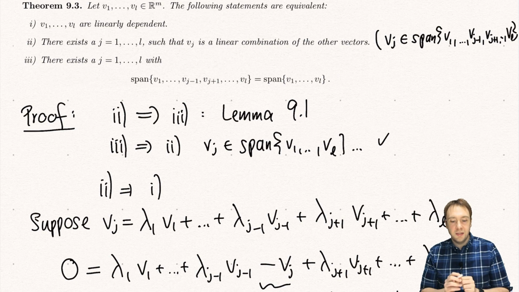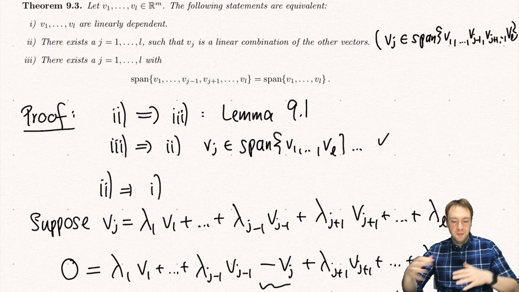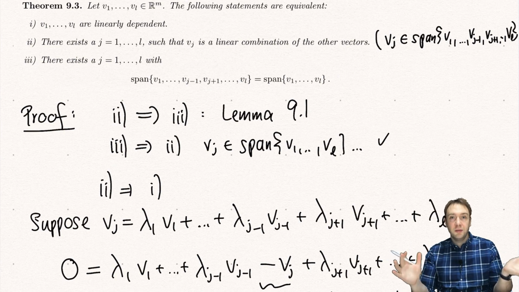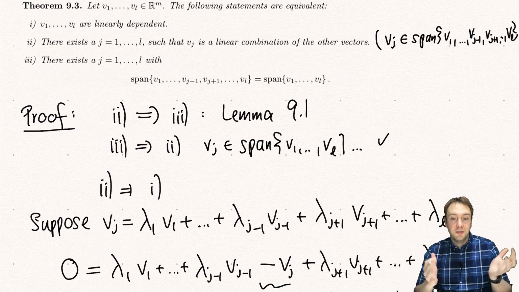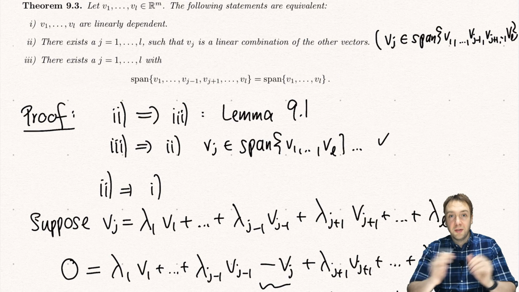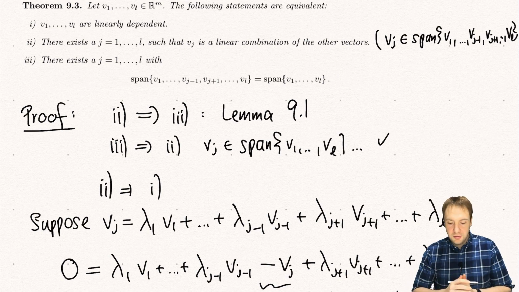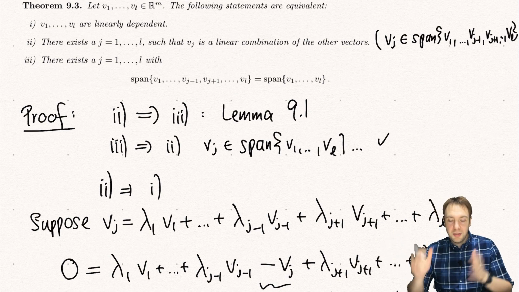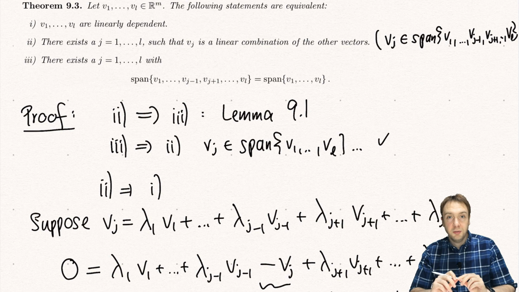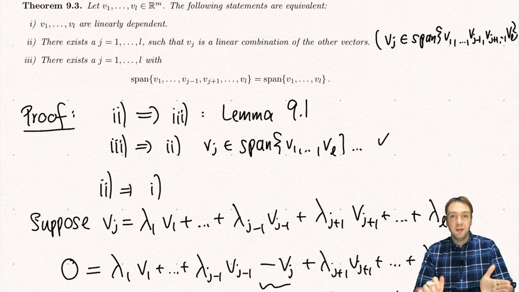If they are, then I can remove one of them. Then I have some remaining vectors, and I can ask again whether they are linearly dependent, and use this theorem to check if one of them is a linear combination of the others. Then I can kick it out, and at some point this is not possible anymore, and then the remaining vectors are enough to describe your span.